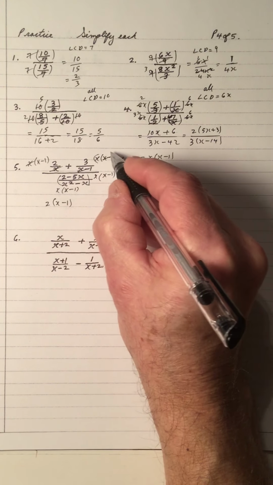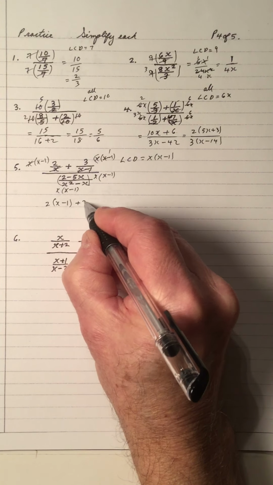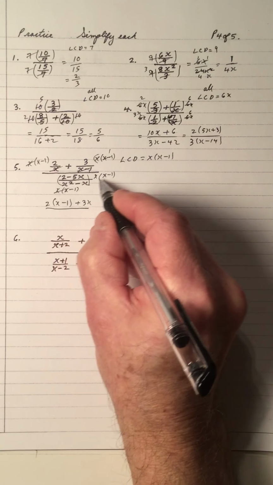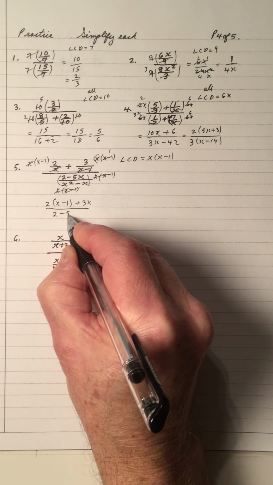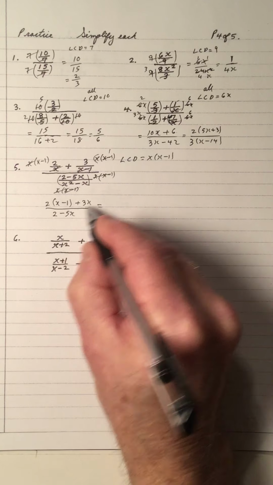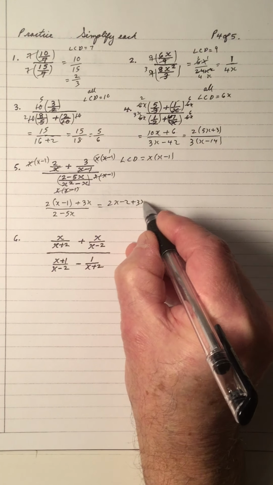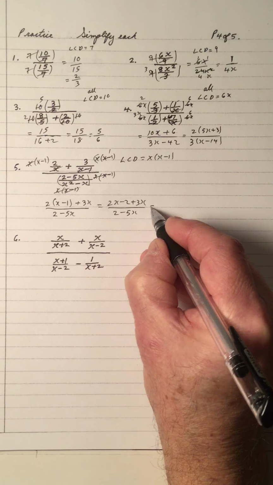The denominator cancels, so I get 3x. The denominator: x cancels, x minus 1 cancels, so I get 2 minus 5x. So we multiply first, 2x minus 2, add on 3x, all over 2 minus 5x.